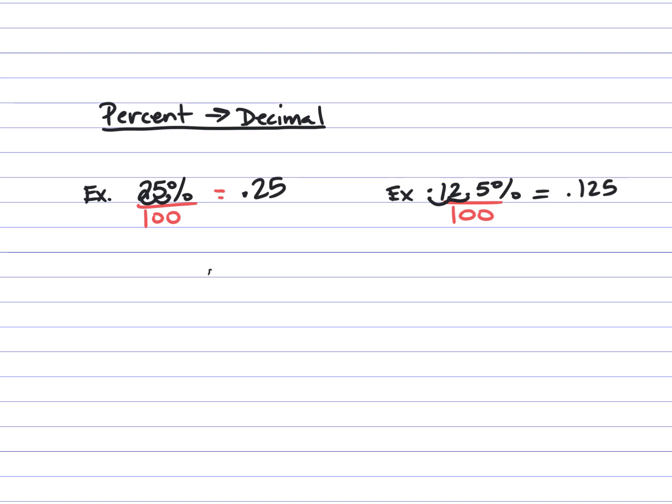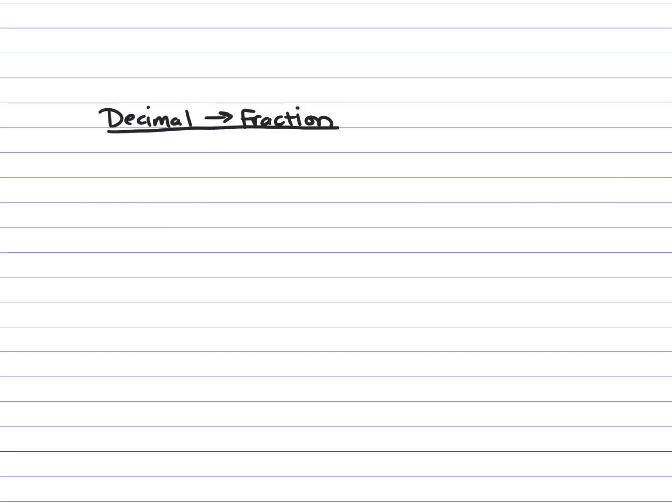Next is going from decimals to fractions. Our first decimal is 0.25, and our second decimal is 0.125. For the first decimal, in order to convert a decimal to a fraction, you have to know the place values.